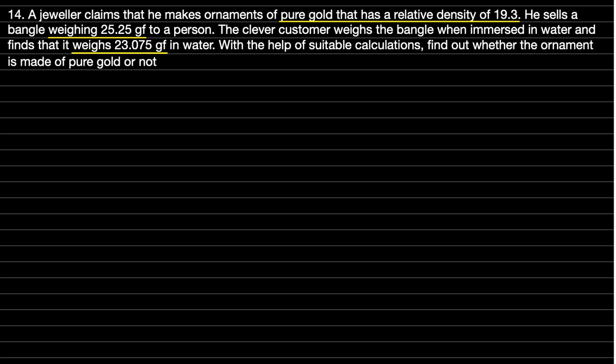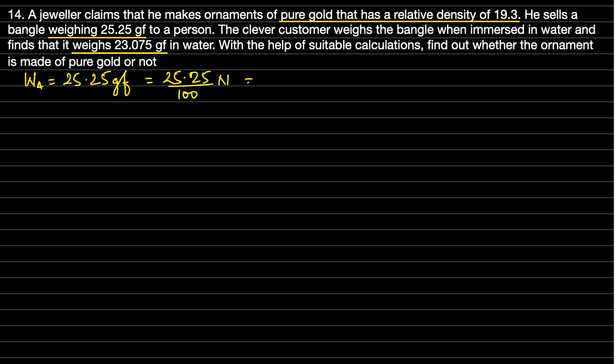So coming to this, I would write weight in air. So WA is equal to 25.25 gram force. So when we convert gram force to Newton, we divide by 100. So I can divide this by 100, 25.25 divided by 100 newtons.